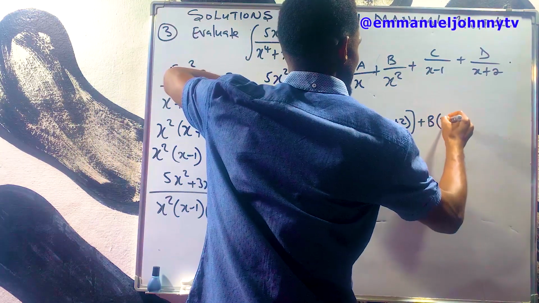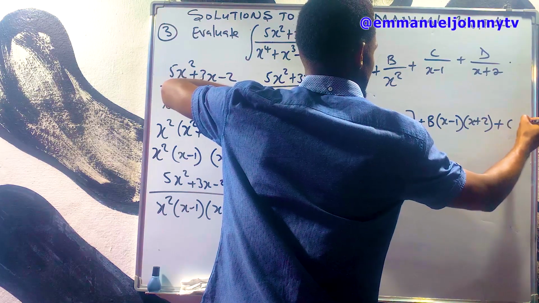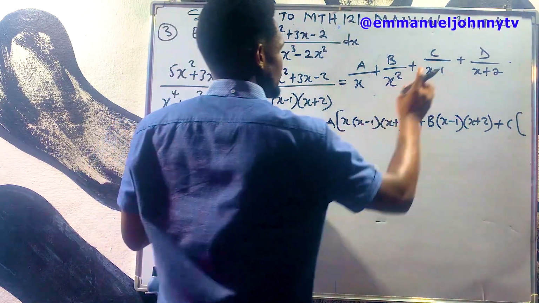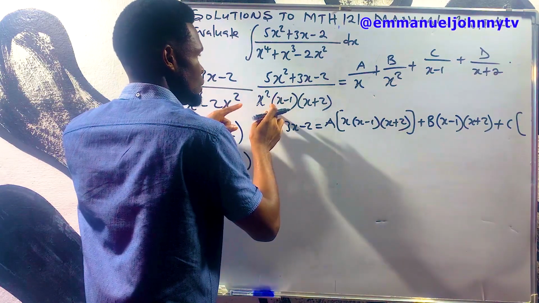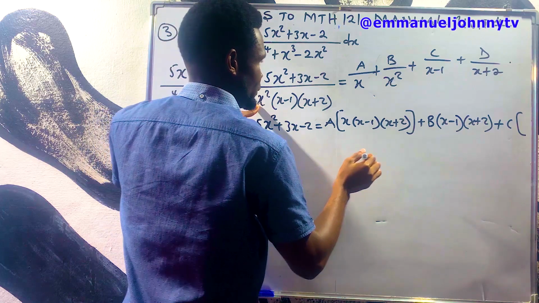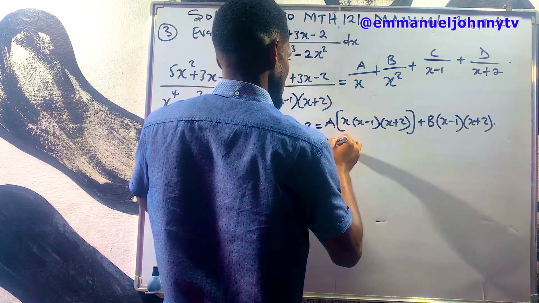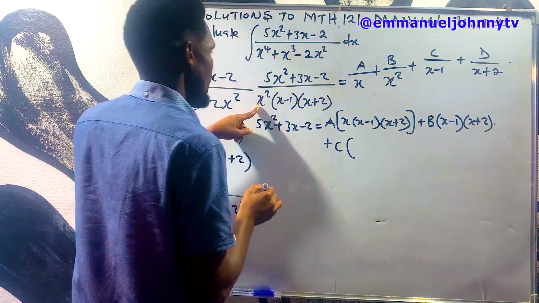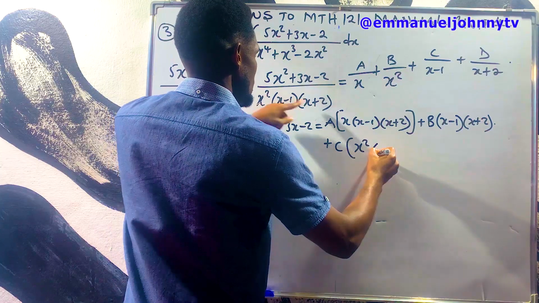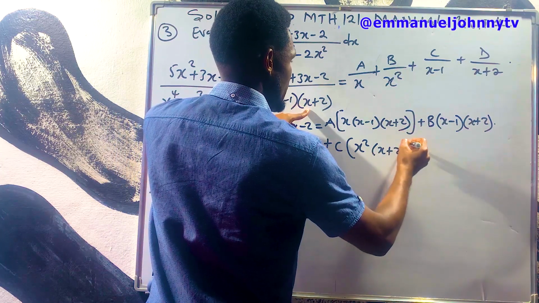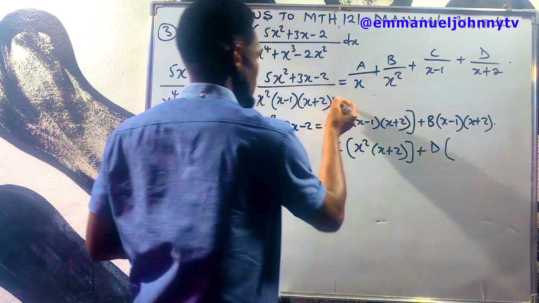That is b into (x - 1)(x + 2), plus the next one will be c into, now this will multiply this, x minus 1 will cancel x minus 1, so you are left with, let me bring it down, plus c into x squared into (x + 2), plus d into, of course, x plus 2 will cancel x plus 2.